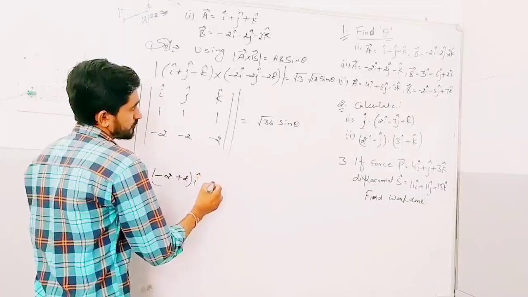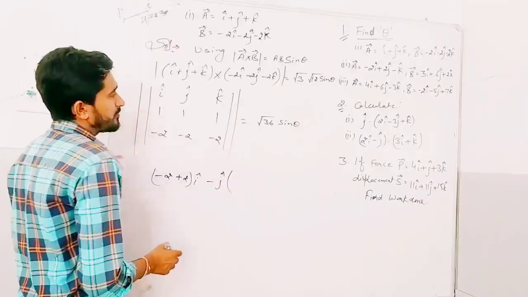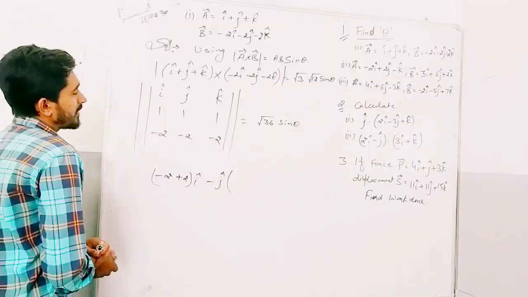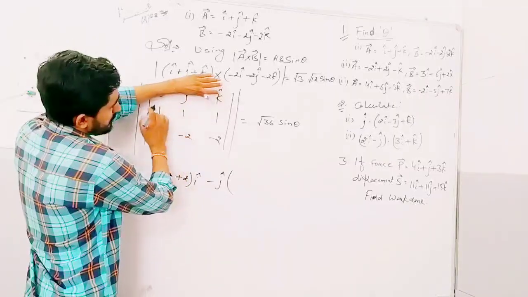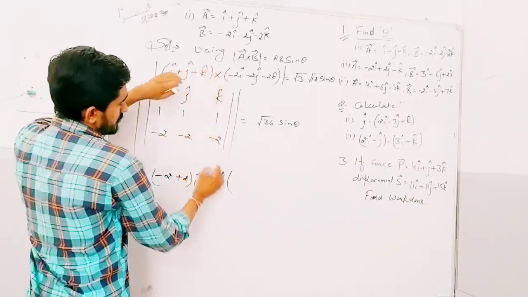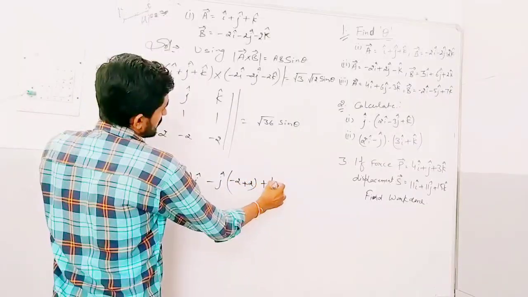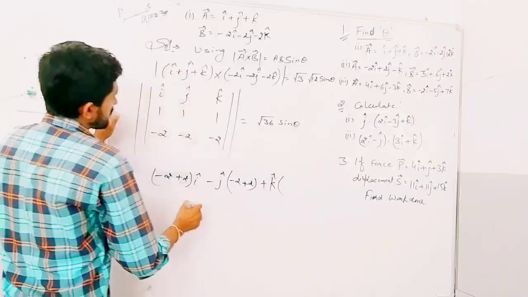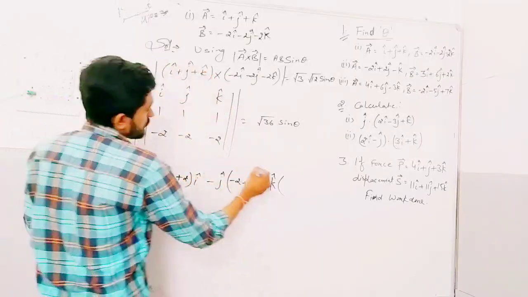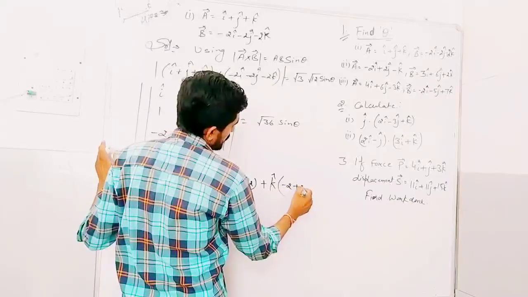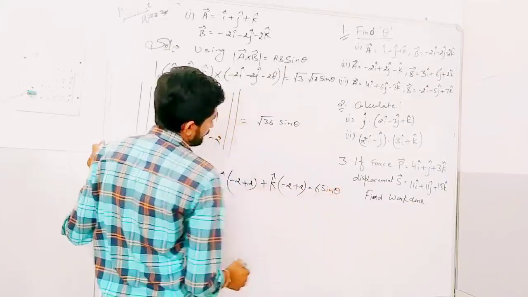Then minus j cap, which gives -2 minus of -2, this is also -2 plus 2. K cap also gives -2 minus of -2, -2 plus 2, and this gives 6 sin theta.